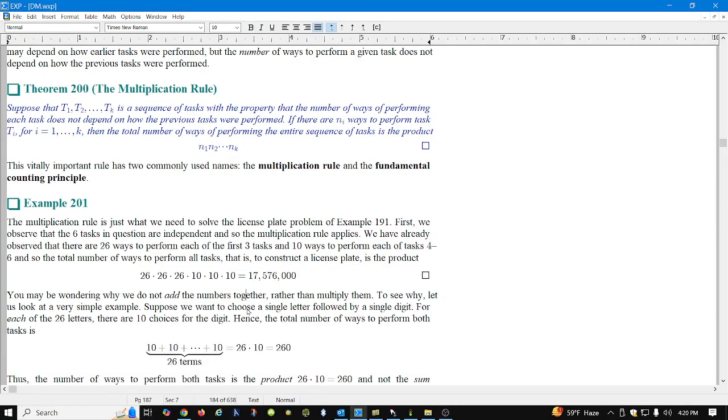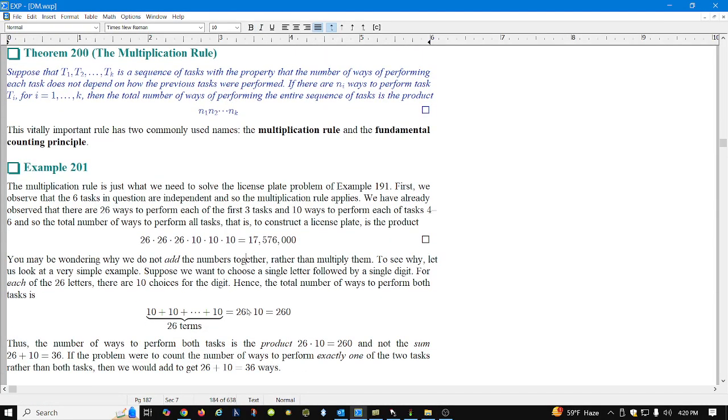Now, in my experience, some students get a little confused between multiplying these numbers together and adding them. They want to add sometimes. But you must multiply. And the easiest way to see that and to remember is to do a very simple 2-task sequence. Suppose you want to choose a single letter followed by a single digit. Well, for each of the 26 letters, there are 10 choices for the digit.